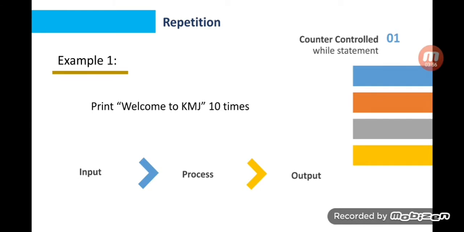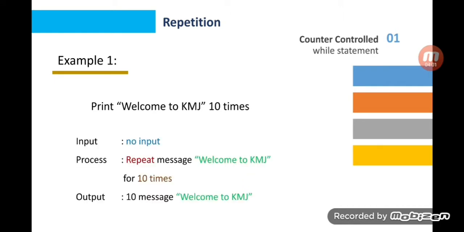So our IPO analysis will have: input, you just write no input; output, 10 messages of welcome to KMJ; and process, repeat message welcome to KMJ for 10 times.